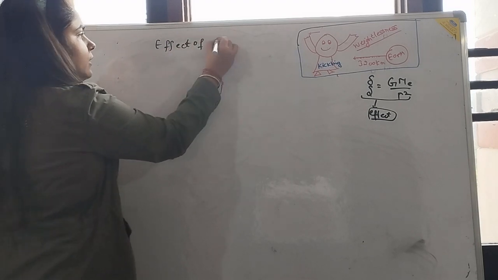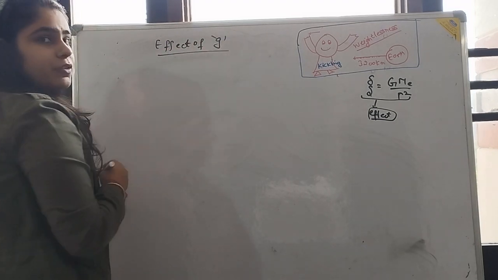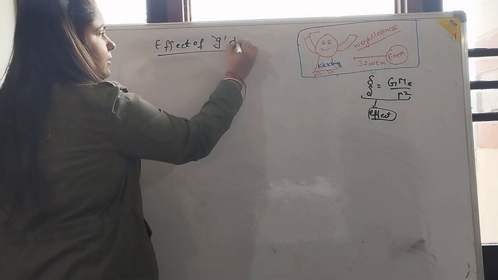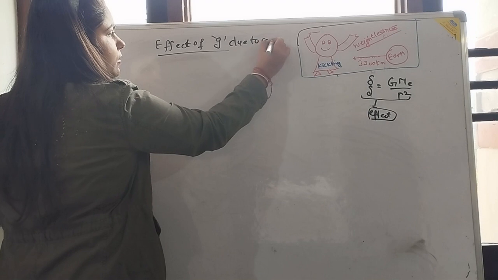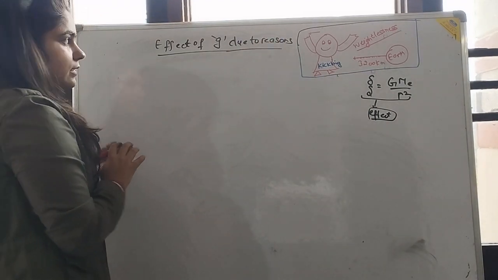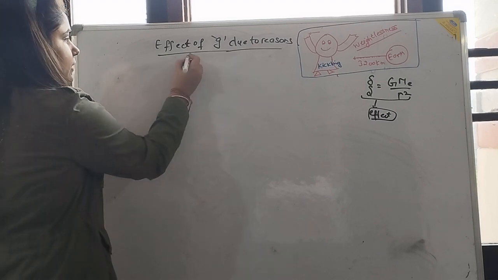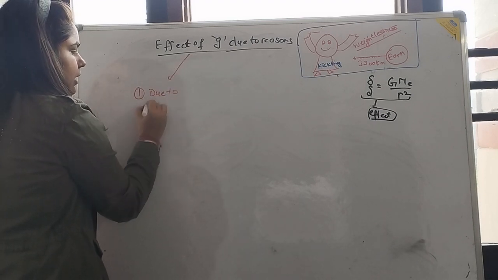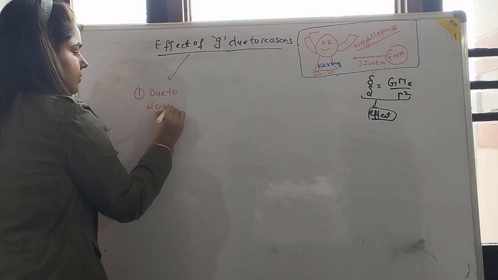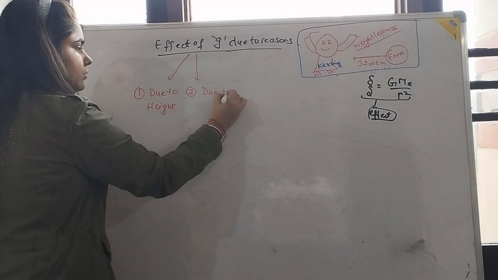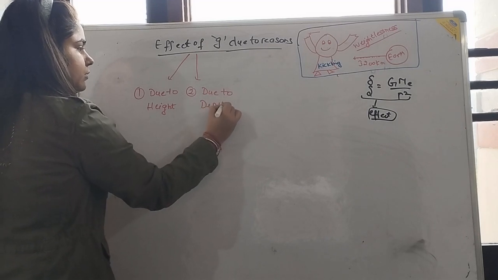Okay, so the effect of g. I am going to discuss four reasons for the effect on g. First one, due to height. Secondly, due to depth.